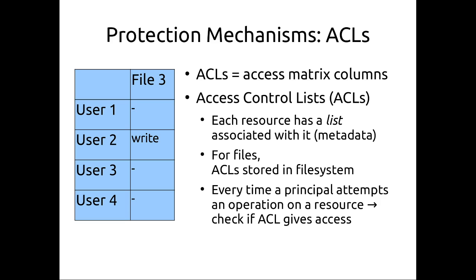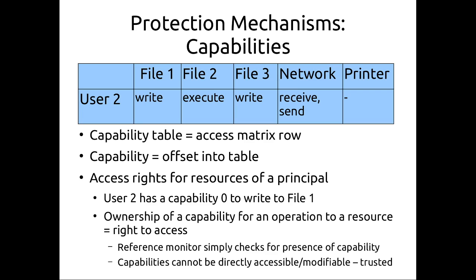So that might give you some hint as to what the next mechanism is, which indeed is a capability table, which is effectively a row within the access control matrix. So here we see for user 2, all of the operations it can perform on all of its resources. So user 2 can perform operations on file 1, file 2, file 3, and on the network, but not on the printer.